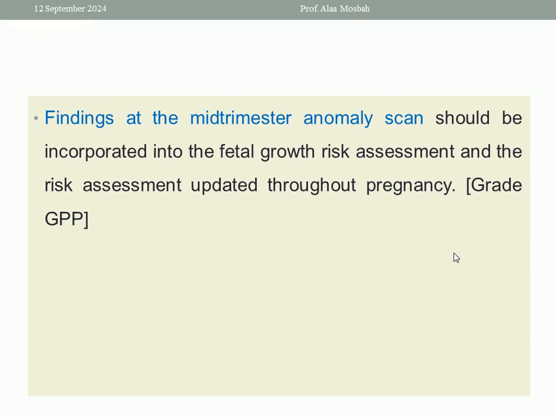Findings at the mid-trimester anomaly scan should be incorporated into the fetal growth risk assessment and the risk assessment updated throughout pregnancy.